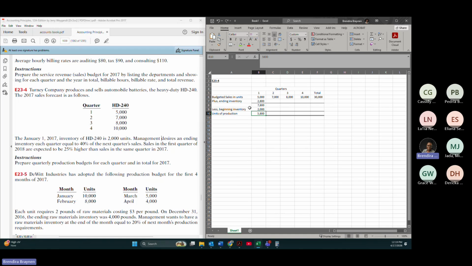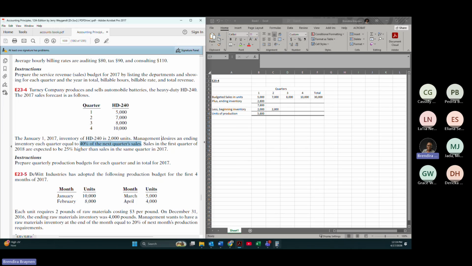All right, so moving on to quarter two. Beginning inventory for quarter two is always going to be the same thing as ending inventory for quarter one. So I'm expecting that to be 2,800 as well. And then for my ending inventory for quarter two, again, 40% of next quarter's sales. Next quarter's sales is 8,000 units.